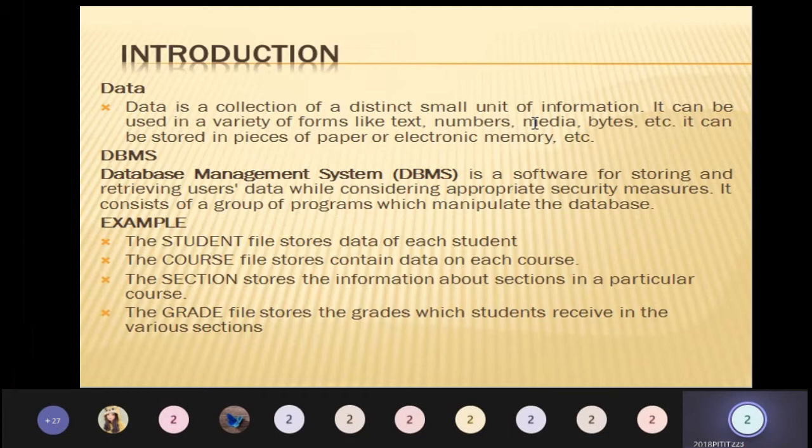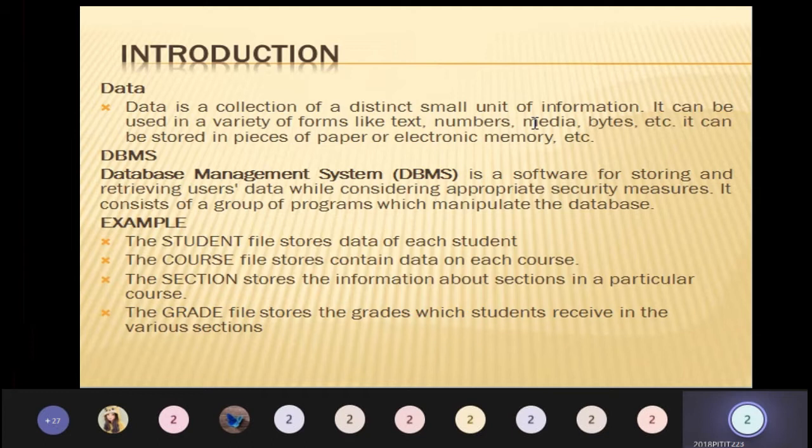And what is meant by data? A database is a collection of data, and data is a collection of distinct small units of information.